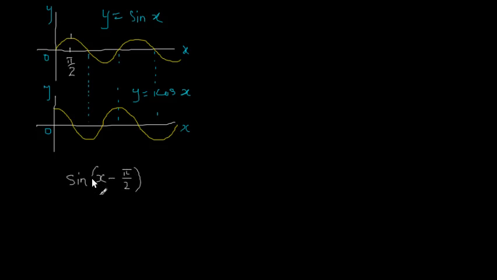So if I plot the graph of this, it would be the graph of sine x shifted by 90 degrees to the right, which is exactly the cosine graph. So therefore, sine of this is really equal to cosine x.